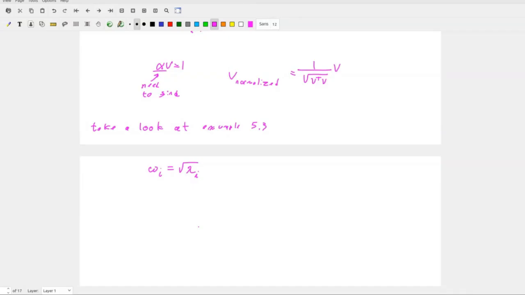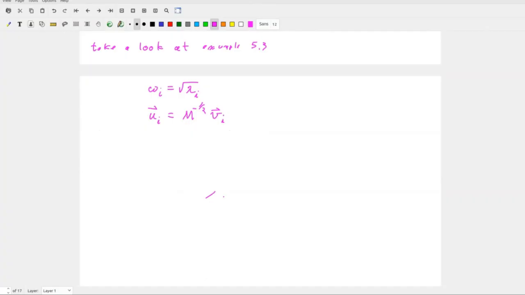And we just have to put the mass back into the system, right? So u of i, a vector, because it's a mode shape vector, is equal to mass to the negative 1/2 times v of i, or u1 from v1, right? Let's say you had the mode shapes.